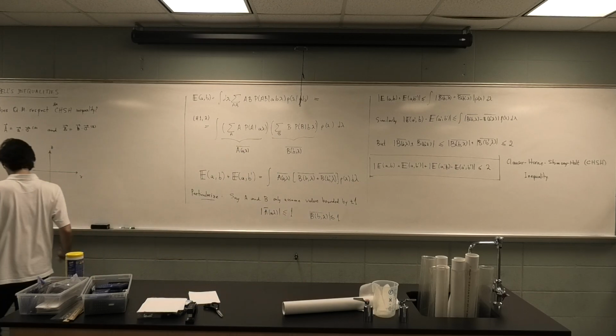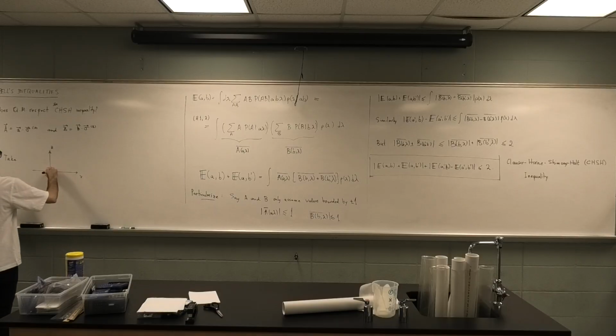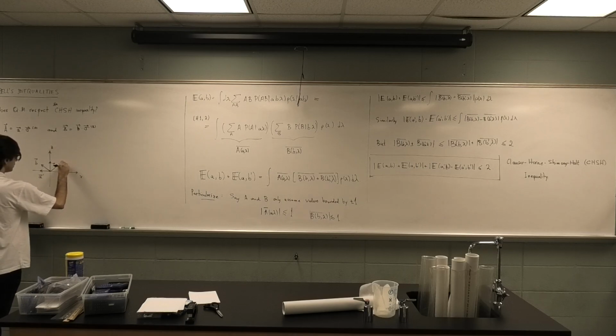So let's take A parallel to z. That's my A. B is going to be rotated like so, 5/4 rotated counterclockwise. A prime will be -x. And B prime is going to rotate the other direction with respect to A.